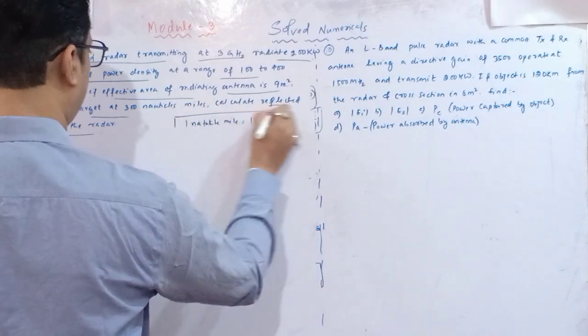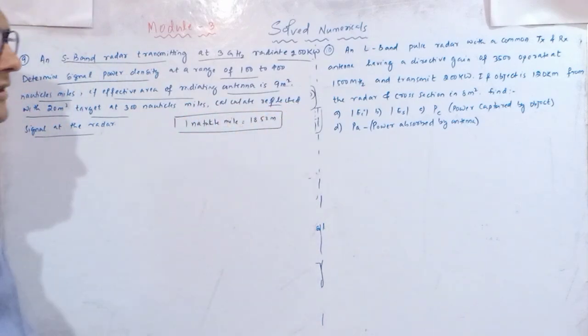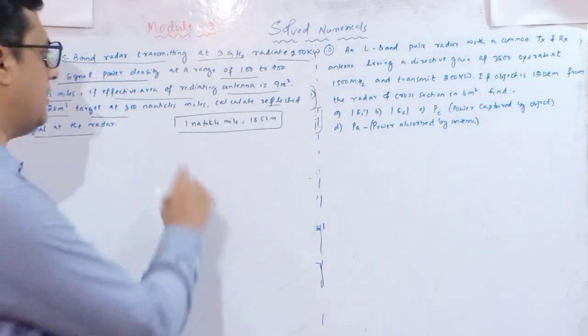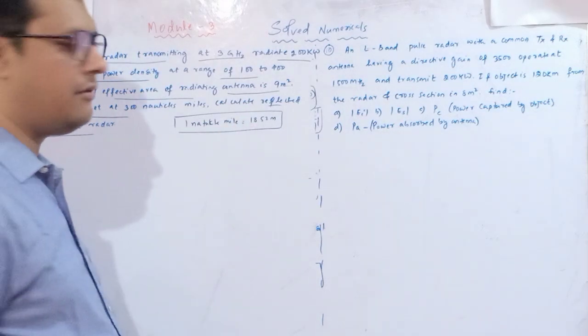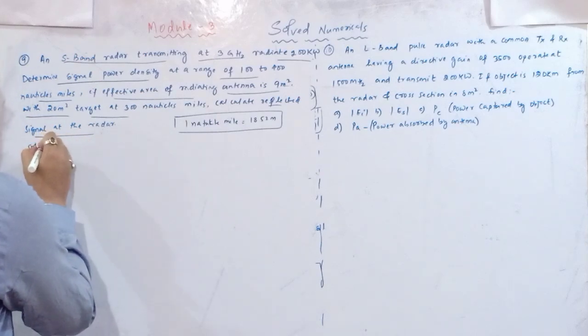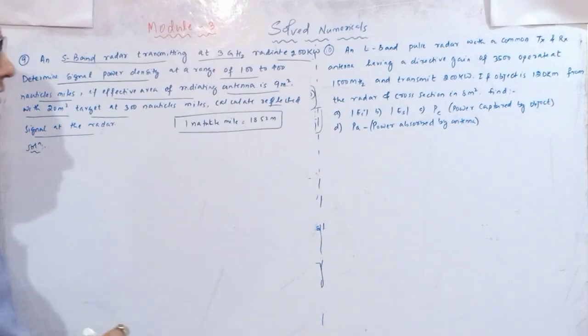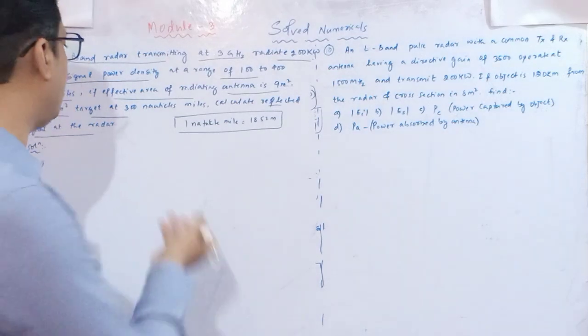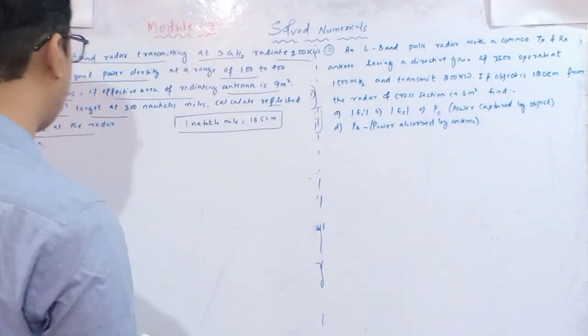Remember this relation, because a few questions may be asked in terms of nauticals. So 1 nautical mile is 1852 meter. So how to proceed? We have to proceed with respect to the directive gains. Then only we can easily determine the received power. So step by step we will see.